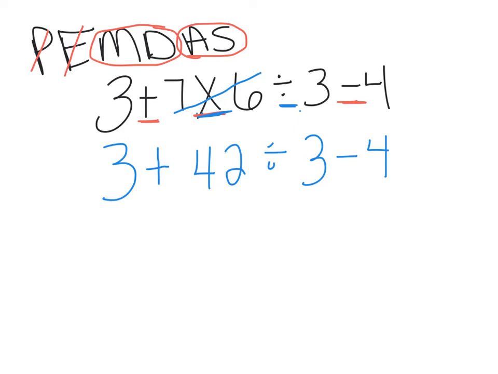Okay? So now I'm still in the multiplication and division. I still have some division. So we're going to go ahead and do the division part here. The 42 divided by 3. How many groups of 3 can I get out of 42? Sometimes I have to go over to the side and actually do math because I don't know everything up in my head, but I know how to use my skills, my strategies.